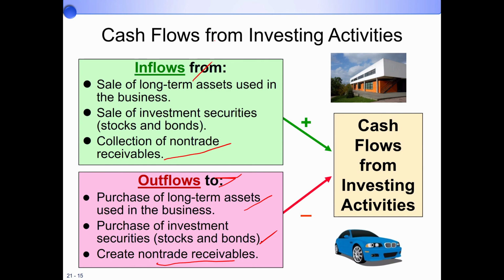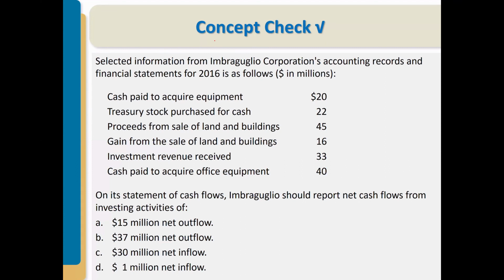So again, for investing and financing, this is just the direct method. There's no indirect method. You just list those items one by one and then calculate the net changes. Let's work on this.